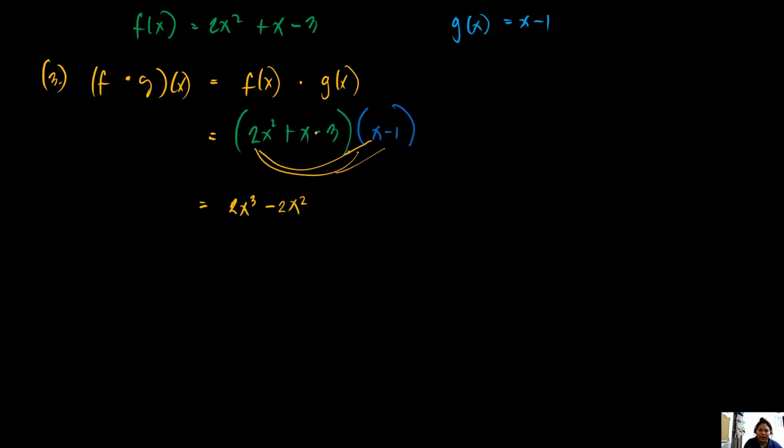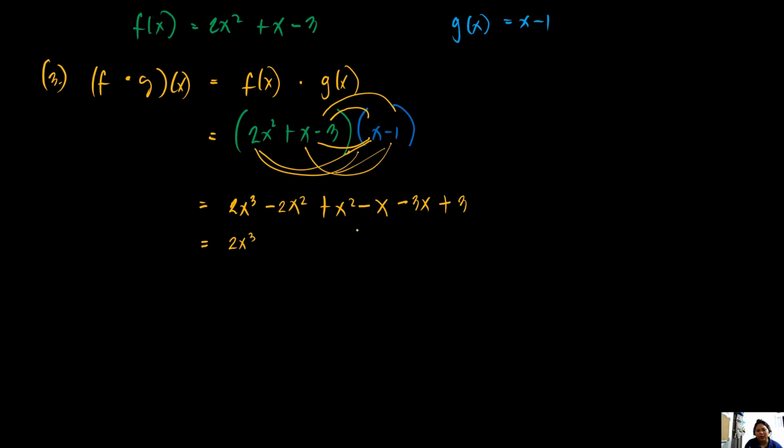Now let's proceed to x. Positive x times x, we will have x squared. x times negative 1, we will have negative x. Negative 3 times positive x, we will have negative 3x. Negative 3 times negative 1, we will have positive 3. Then let's simplify. 2x cubed has no like term, so let's just copy. Negative 2x squared, x squared.